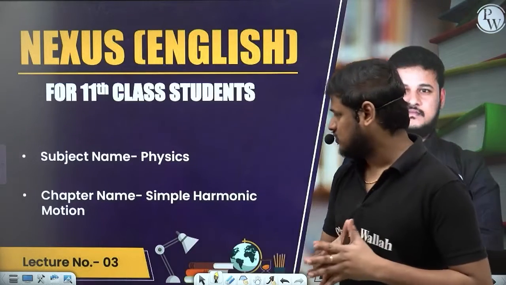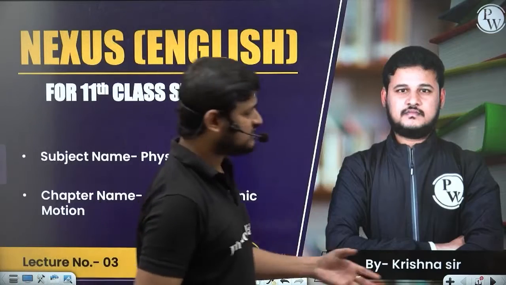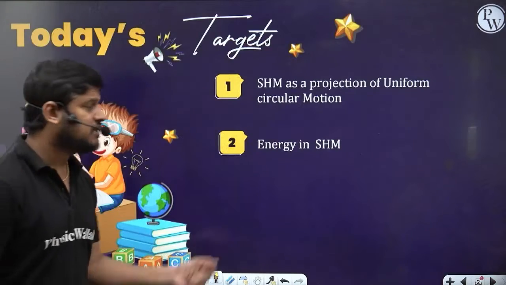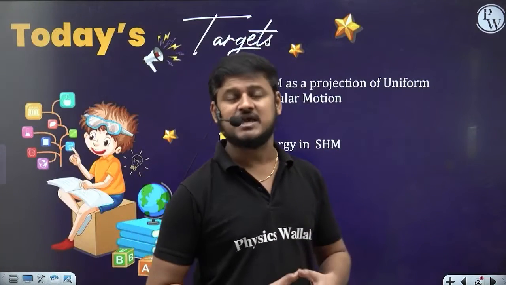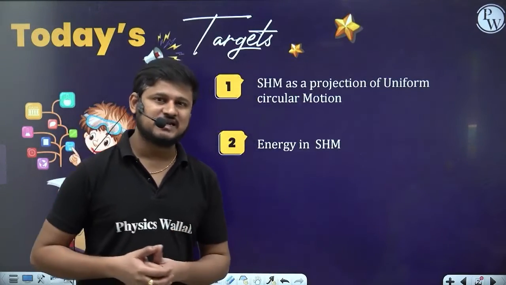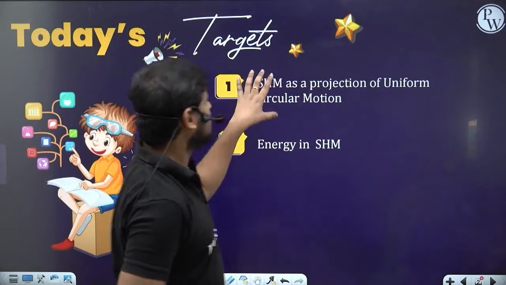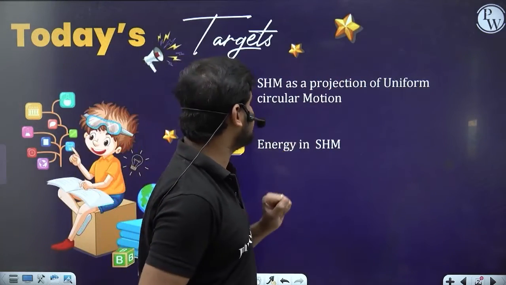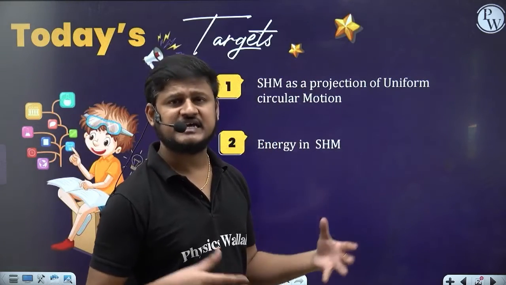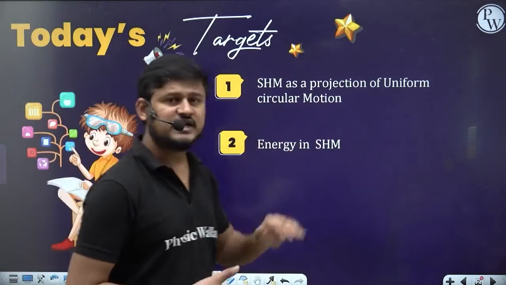So today, in lecture number 3, the important topics we are going to discuss are S.H.M as a projection of uniform circular motion, and energy in S.H.M, like kinetic energy, potential energy, and the total mechanical energy of S.H.M. Some questions on S.H.M as a projection of UCM were asked in previous year NEET as well as JEE. So we'll understand this topic in detail and then we'll go for the energy in S.H.M.